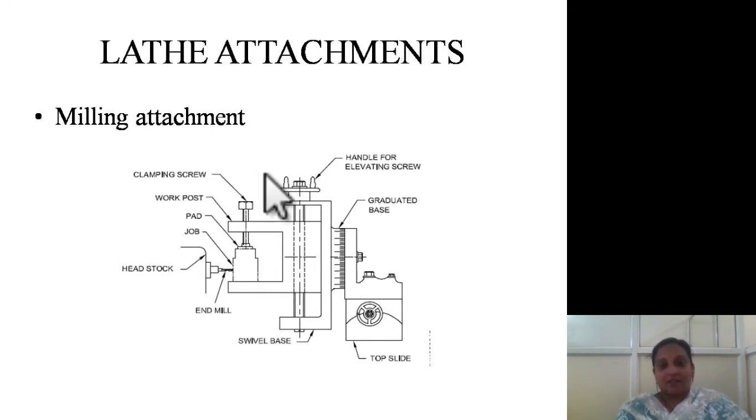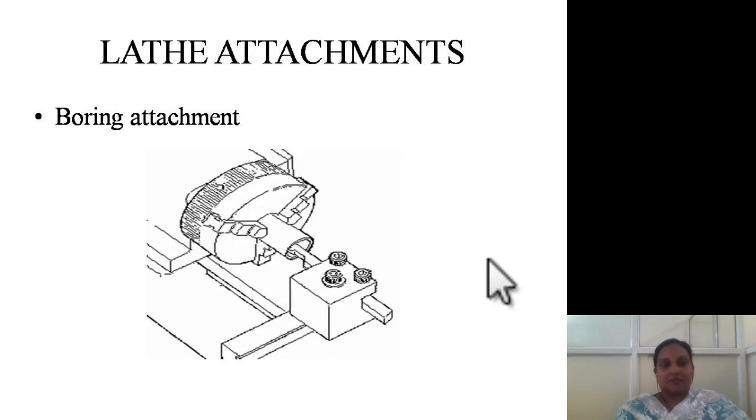Generally, over lathe machines we perform only turning operations, step turning, taper turning, threading, knurling. This is very rare. If you want to perform a milling operation over the lathe machine, we fix a workpiece like this, clamp it, and then with the help of the tool you can perform the machining operation here. So this is about the milling attachment.